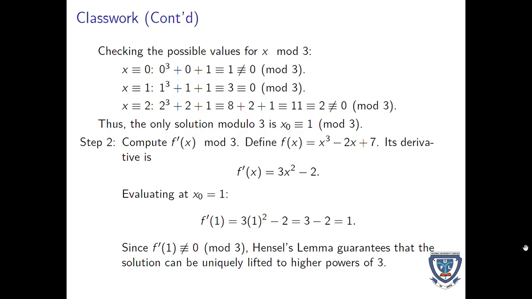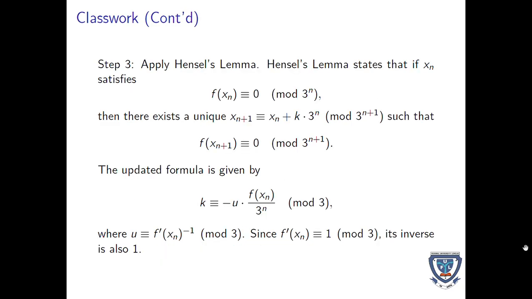Again, f prime at 1 is not 0, so Hensel's lemma guarantees that the solution can be uniquely lifted to higher powers of 3. You go forward to step 3, applying Hensel's lemma again. If f(xn) is 0, then there is a unique x(n+1) such that f(x(n+1)) is 0.